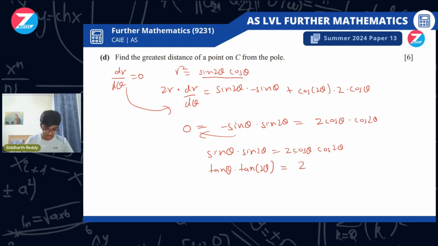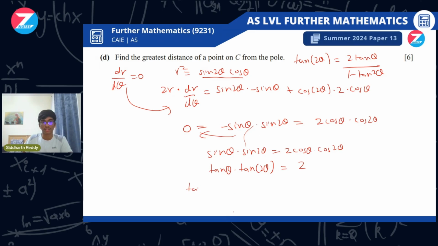And actually we have to solve this equation for tan 2 theta. MF19 actually gives the formula. The formula is tan of 2 theta is equal to 2 tan theta by 1 minus tan square theta. So we just substitute that over here.